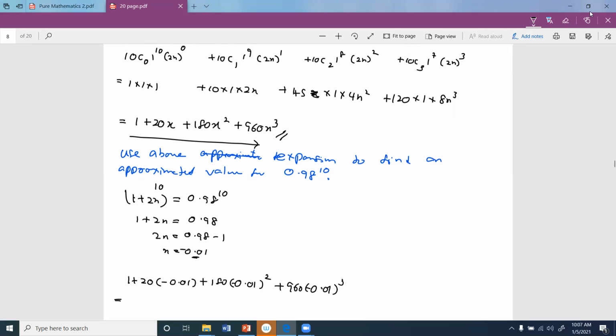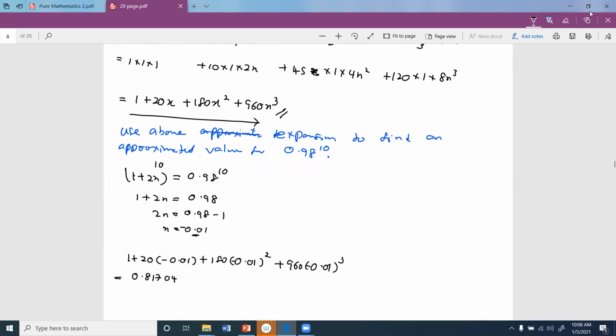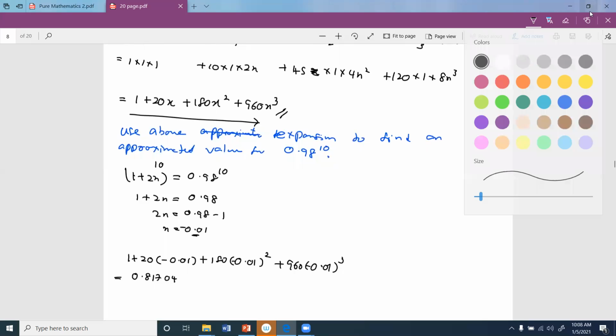So you get the answer 0.81704. If we put 0.98 to the power 10 and see what the actual answer is, I wrote the actual answer in red color.